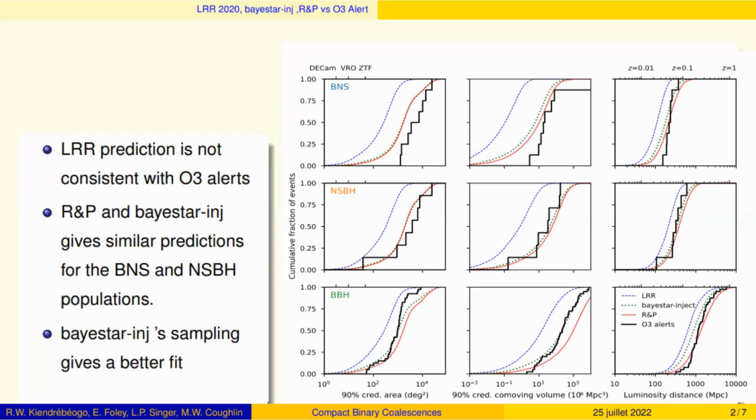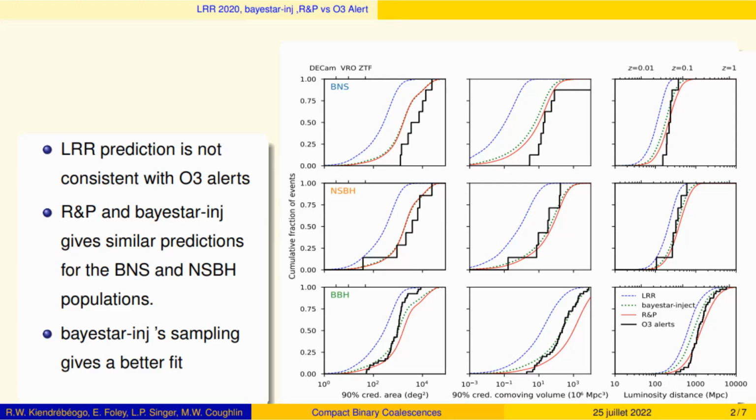So this graph can look a little daunting, but basically we have rows of different merger events: binary neutron star, neutron star black hole, and binary black hole coalescences. And these are the cumulative fractions of events for things like the area in the sky, the comoving volume, the luminosity distance. And these are simulated events for O3.